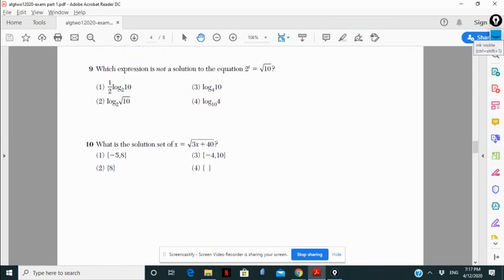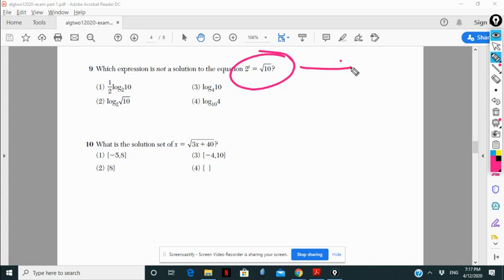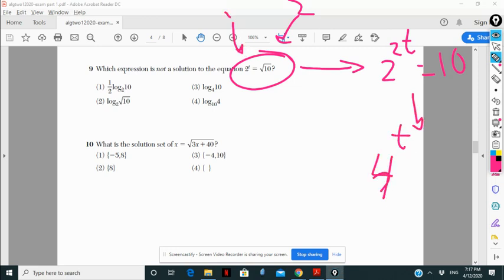Which expression isn't equivalent to that one? Okay, so this one has another form, which is 2 to the power 2t equal to 10. What happened? I squared both sides. And this one also is 4 to the power t equal to 10. If I want to write this expression as a logarithm, this is the exponent and this is the base: t equals log base 2 of radical 10.